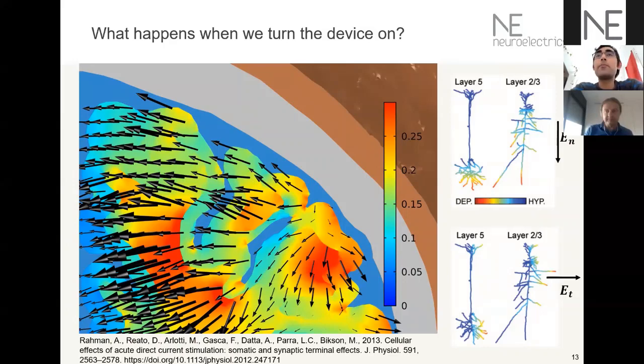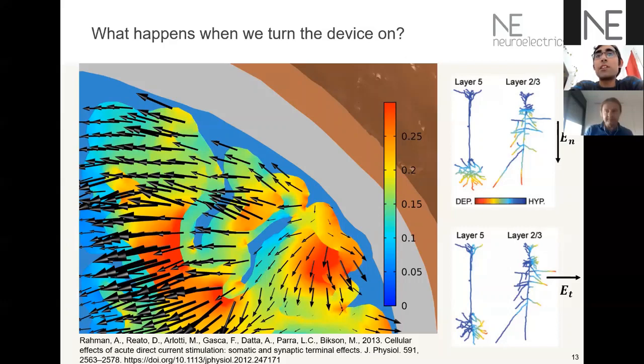And the mathematical theory for describing how this electric field interacts with the neurons is a relatively complex theory, but basically what you need to understand is that the component of the electric field that will predominantly affect the transmembrane potential of neurons is the component aligned with the main direction of the neuron.